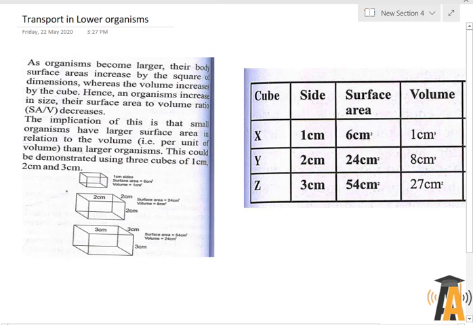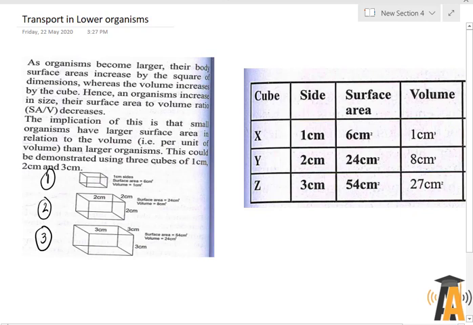When you come down here, we have 3 boxes of different sizes. I will label them: this is 1, this is 2, and this is 3. So 1 is the same thing as X, 2 is the same thing as Y, and 3 is the same thing as Z. You can see their sizes, they are the sides of the cubes.